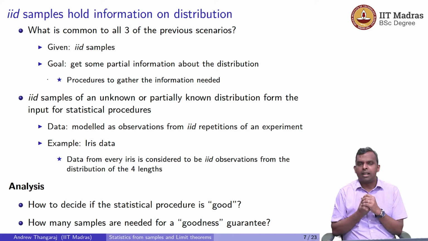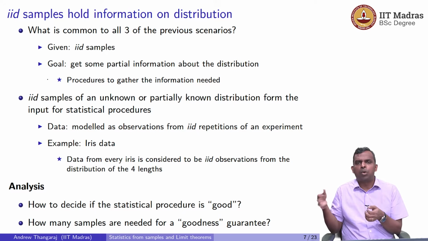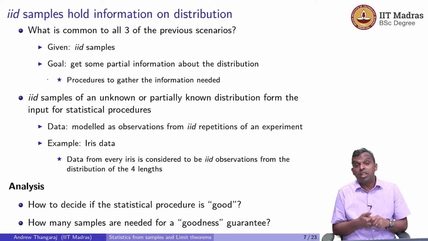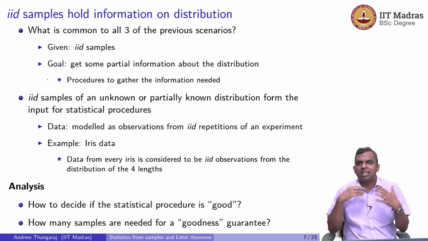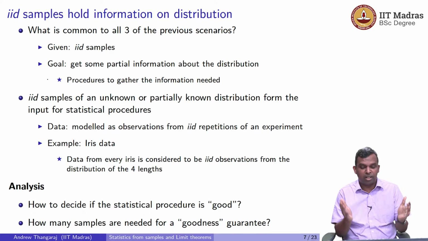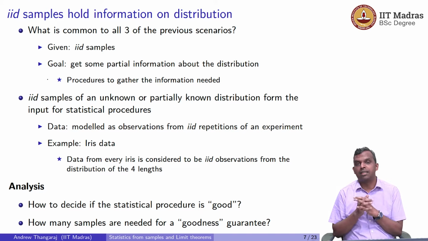Okay, and these two are very important. Number of samples is very important. Goodness metric of your statistical procedure is very important. So keep this simple slide in mind as we study more and more statistical processes. Even whatever learning algorithm you may call, at the end of the day, it's like a statistical procedure, right? So you always want to think of this as the basic underlying phenomenon.